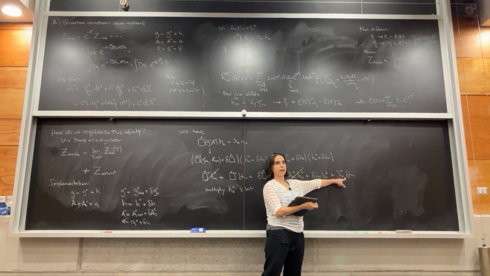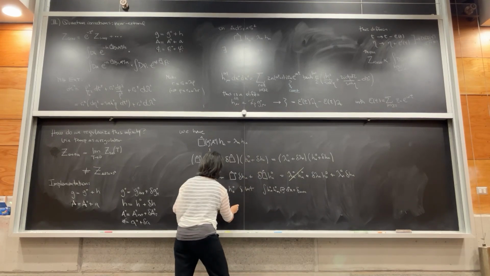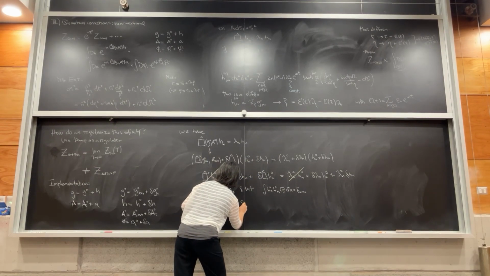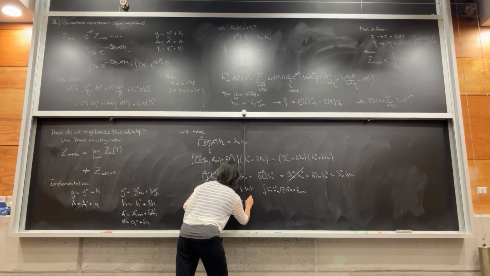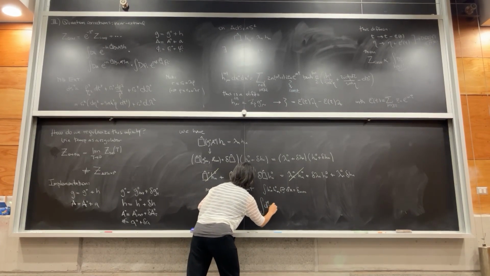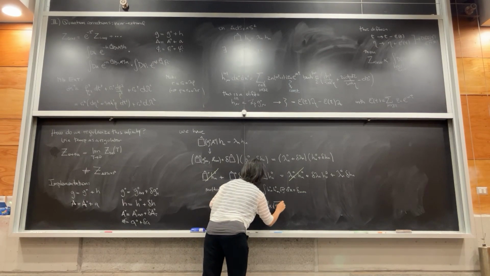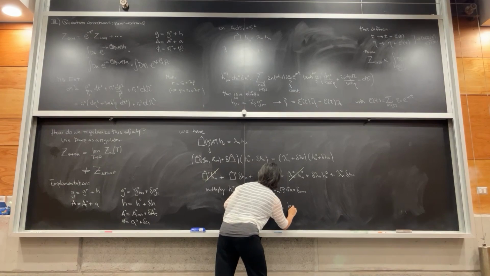That's going to cancel that one, and then I'm going to get just these two terms left over. And so the correction to the eigenvalue is just going to be the integral of this.